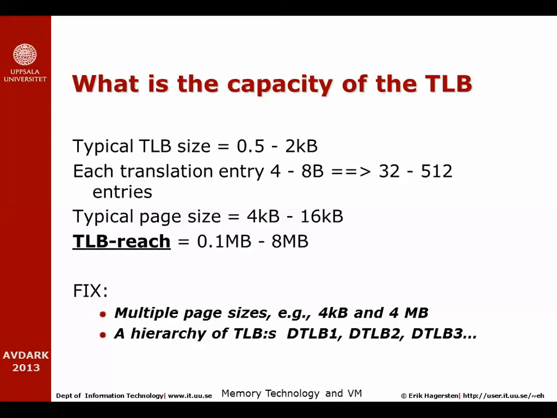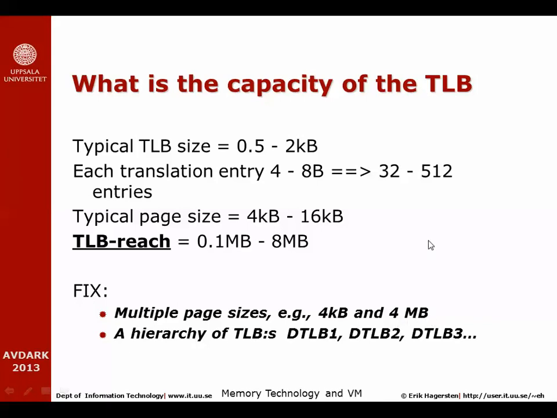When you allocate that enormous matrix, the operating system can say, look at this, it's a large chunk of data. Instead of using small 4 kilobyte pages to map this entire matrix, maybe I should use 8 megabyte pages. That means each entry in my TLB can now contain a translation for this super page holding 4 megabytes of information.